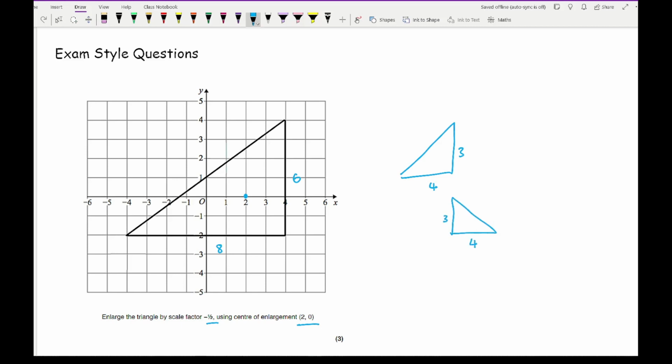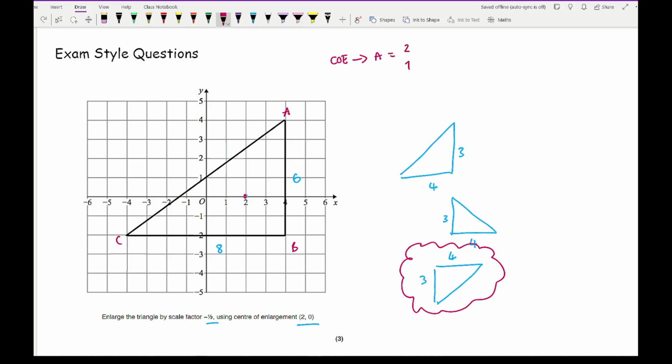And then if I flip it again, it's going to look like this. So this is basically what my new image is going to look like. It's always important that you have an idea in your head about what your shape is going to look like. Now for this, again, if I just show you the vector method, labeling this ABC, here is my center of enlargement. So the COE to point A is going to be equal to 2, 4.